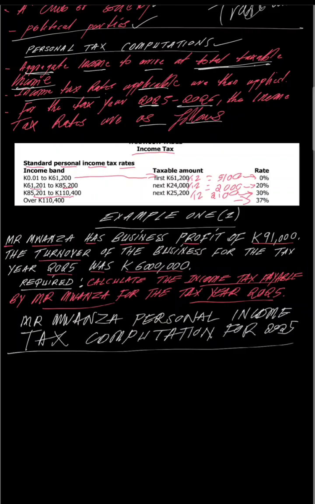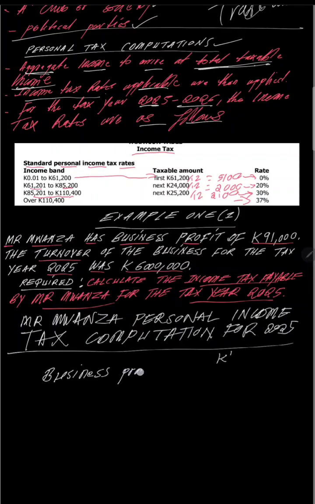So remember that income tax, according to the initial definition, is charged on the incomes and gains of a resident individual. So the income in this case is the business profit of 91,000, right? So you're going to use one column, you put your current sign there, then you start with aggregating your incomes.